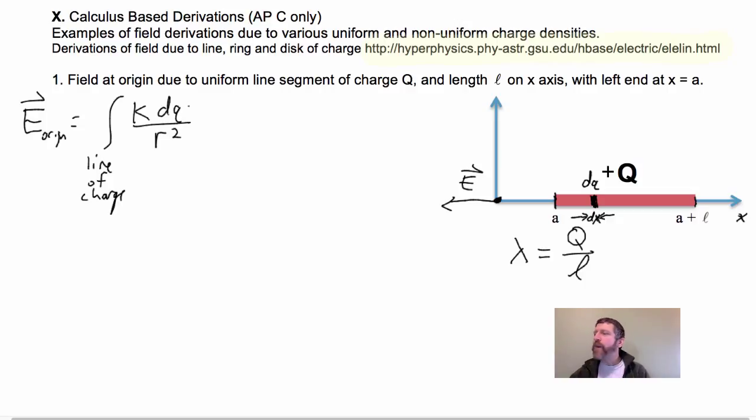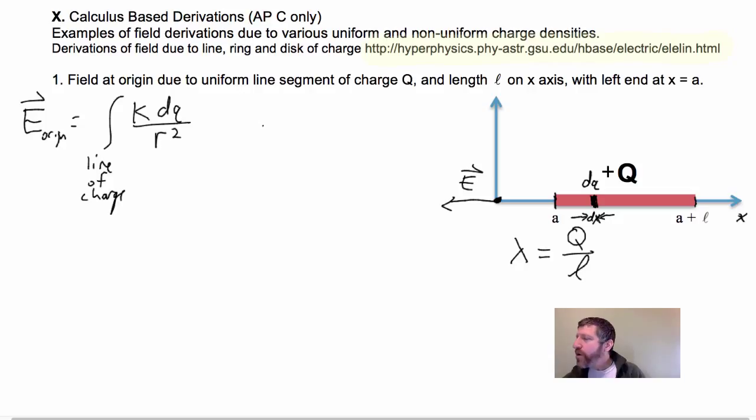So basically I add up all the fields due to each dq and integrate this way. Just k times dq over r squared is the field due to this dq, and then add up all infinity of those, and that'll lead to the entire field there at the origin. So what I've got to do is somehow express dq in terms of what I know. And a lot of times that is really the challenge here, to express dq.